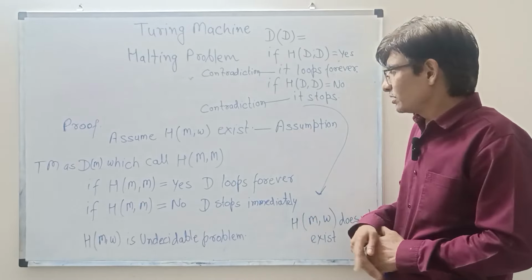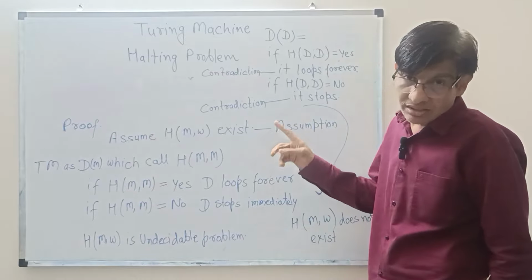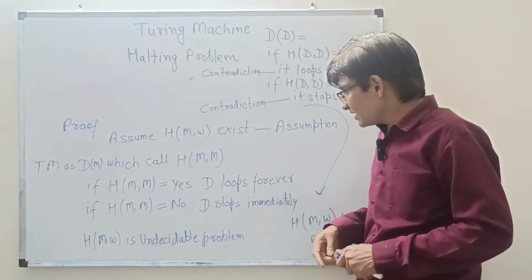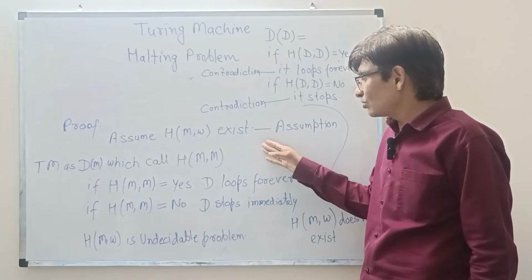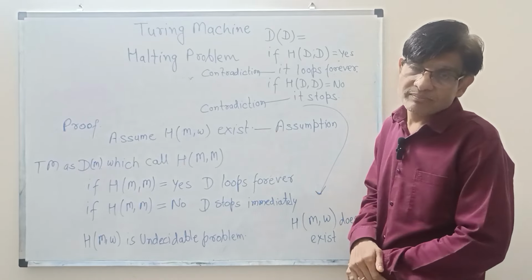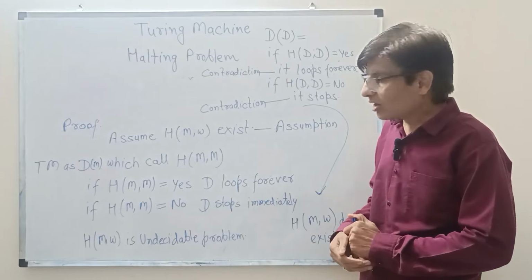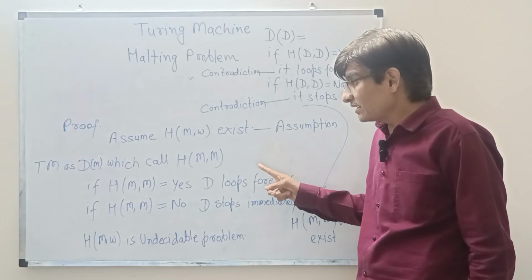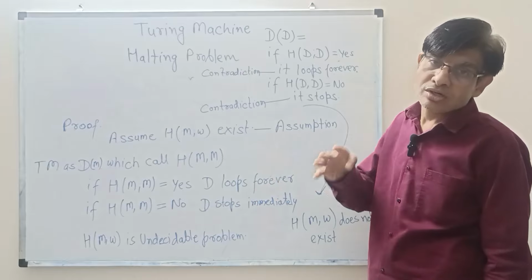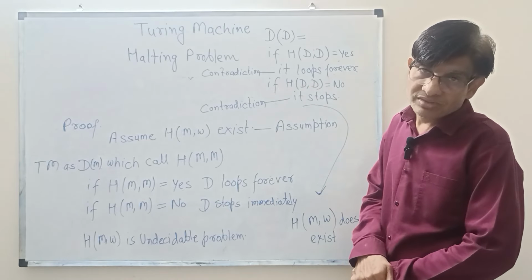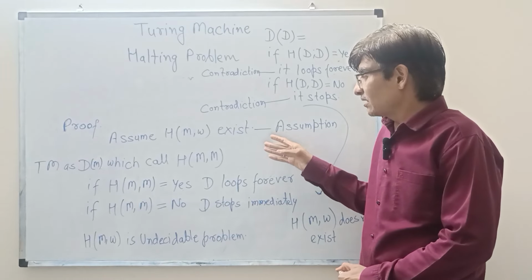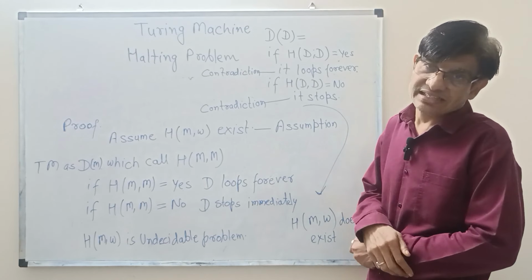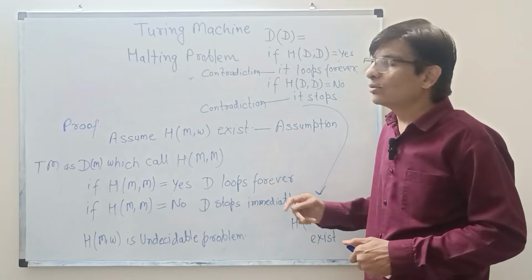As I told you earlier also, it provides the basis for finding the limit of computation, that means we can find the limitations of the computing capabilities of machines. Second, it provides the basis for proving other problems undecidable or decidable. So this is all about the halting problem.